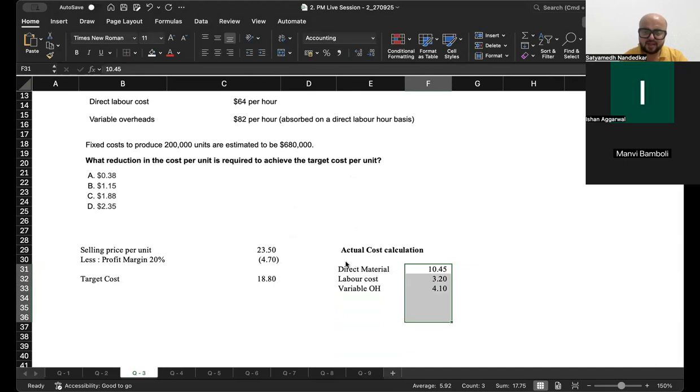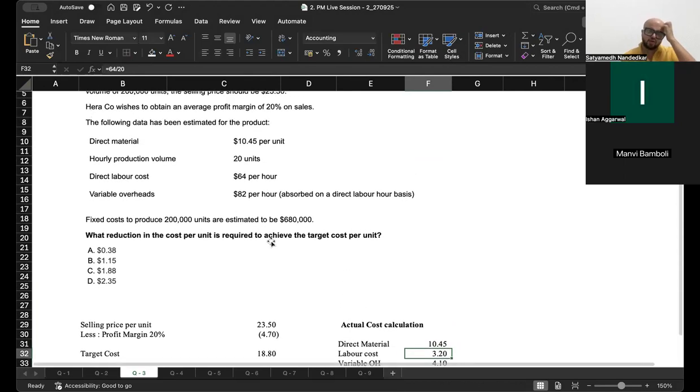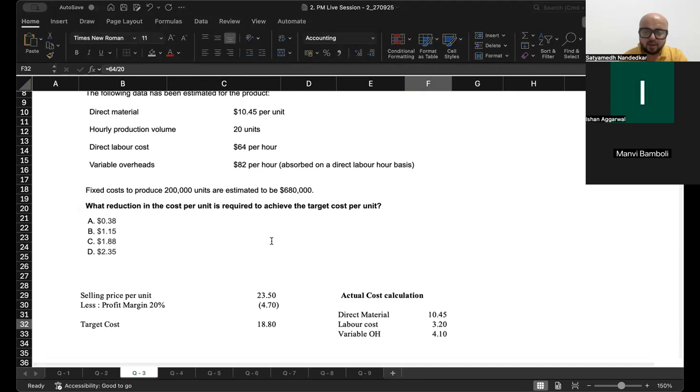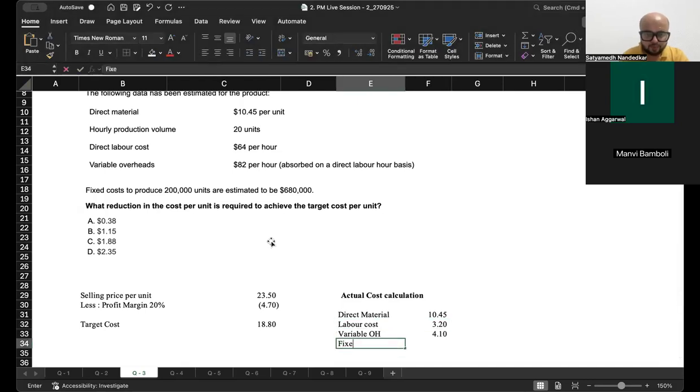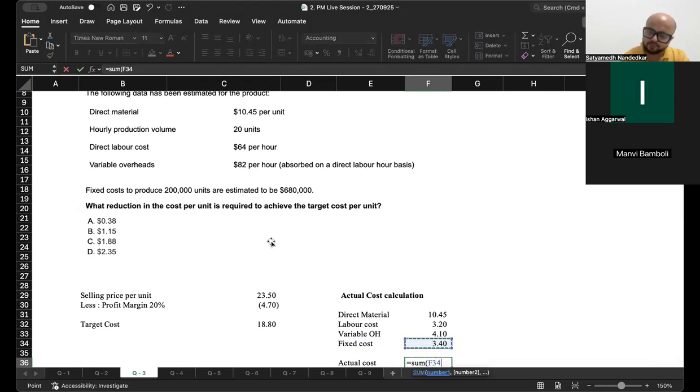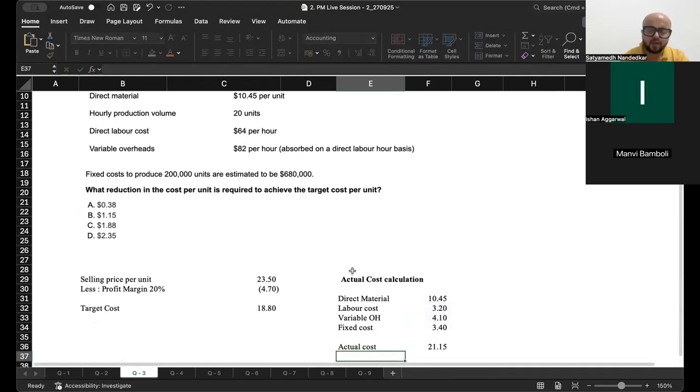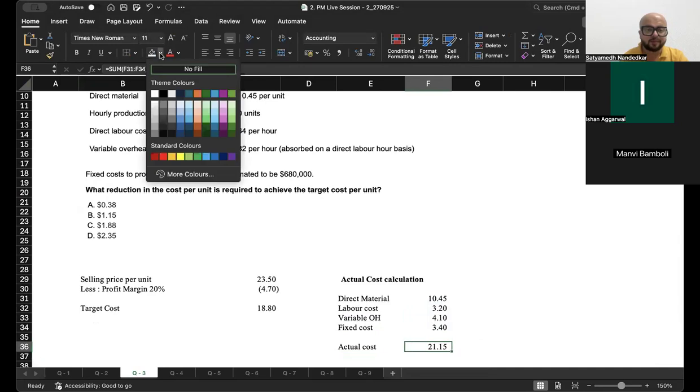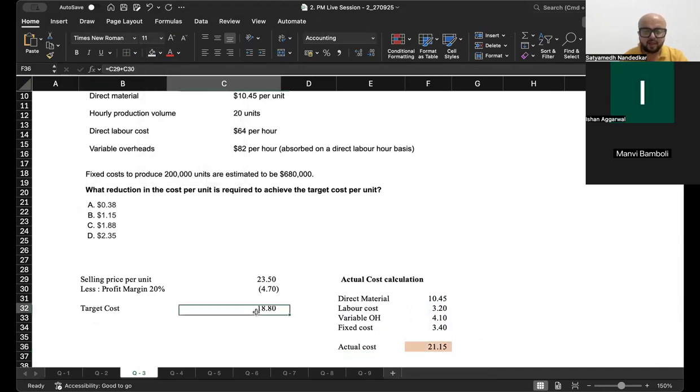Now, fixed cost to produce 2 lakh units is estimated to be 6 lakh 80,000. So fixed cost is 6 lakh 80,000 upon 2 lakh, which is 3.40. So actual cost is 21.15 and target cost is 18.8.